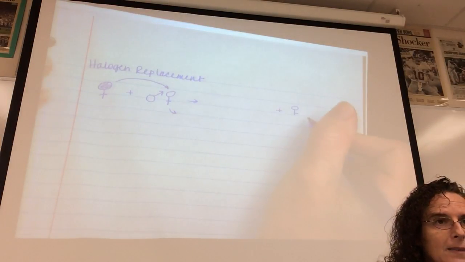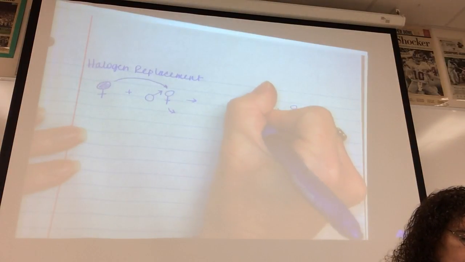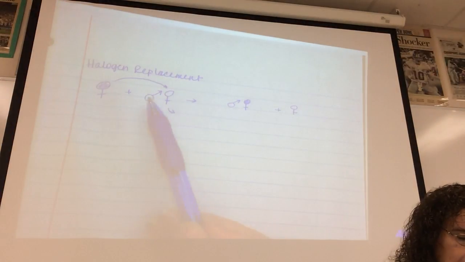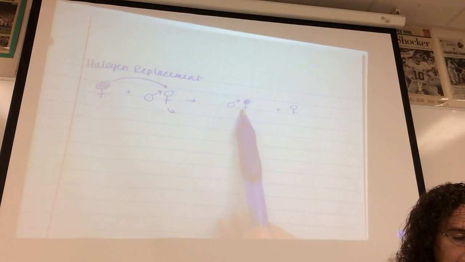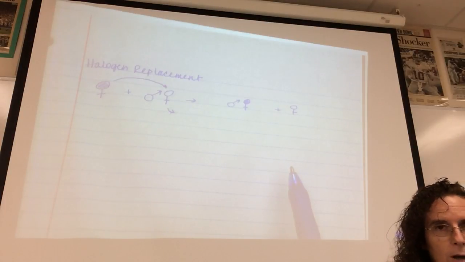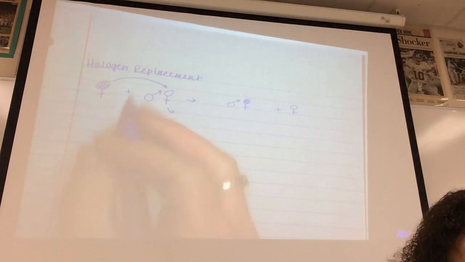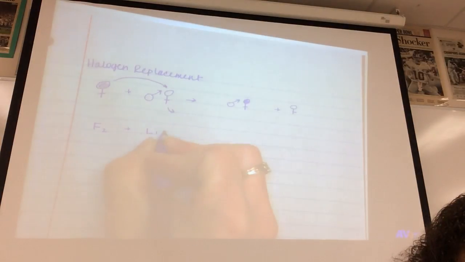So now we're bumping the back half, and you're going to form a new compound between this metallic cation and this halide ion. It was a halogen, but in the compound it's an ion, a halide ion from group 17 predominantly. So we're just going to deal with halogen replacement. For example, fluorine, a diatomic element, reacts with lithium chloride.